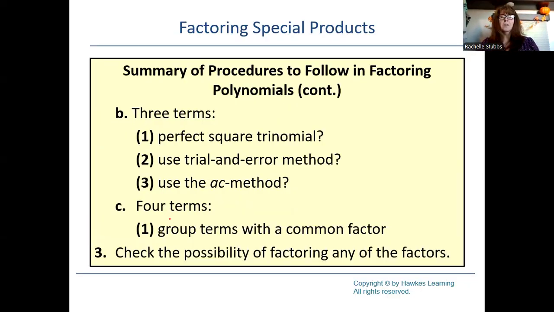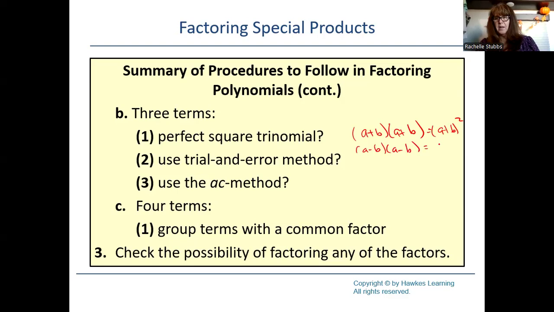And then if you're working with three terms, if it's a perfect square trinomial, you can use the rule, which is a plus b squared, which factors to a plus b times a plus b, or a minus b squared, which factors to a minus b times a minus b.